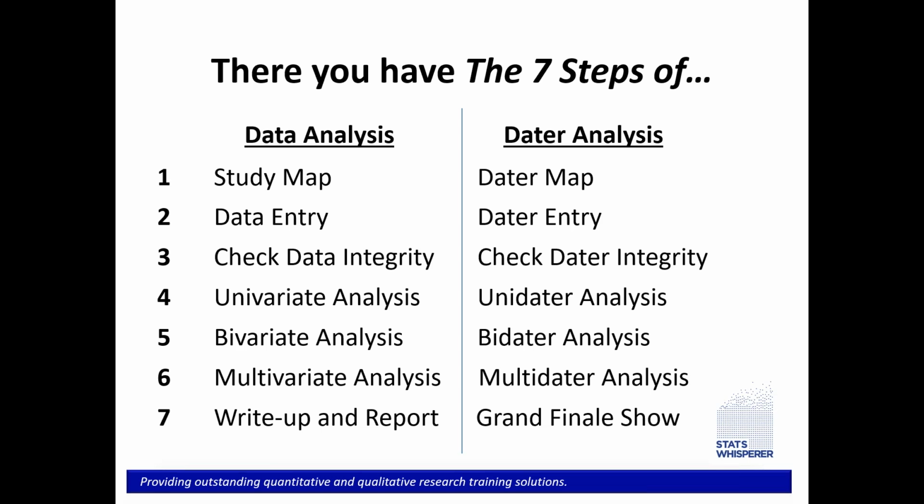Step 5, bivariate analysis or bidata, where you're looking at the significant one-on-one relationships, which go forward into step 6, multivariate analysis, where we determine finally the strongest relationship between the independent variables, or the remaining bachelors for the Bachelorette, and step 7, the write-up and report, the grand finale show. So it's all really pretty simple.